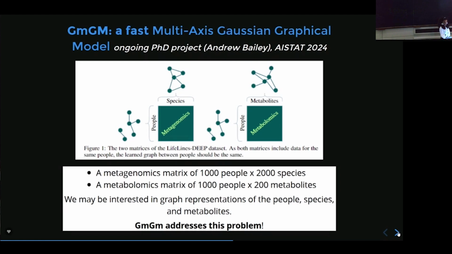We can also have multiple tensors, or in this case, multiple omics, which are the different modalities we refer to in these examples. So, for example, you can think of metagenomics and metabolomics. You have 2 axes per data set. One is people and species. One is people and metabolites. You can see that in this experiment in particular, those are the same people.